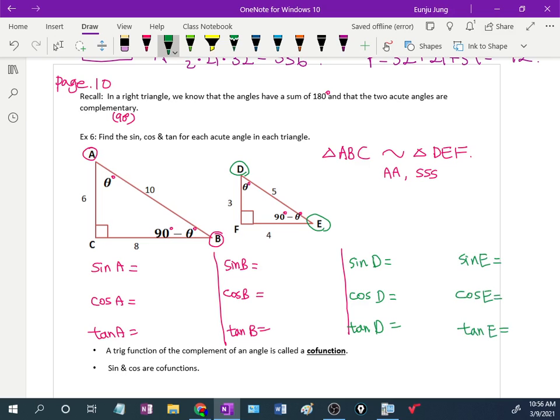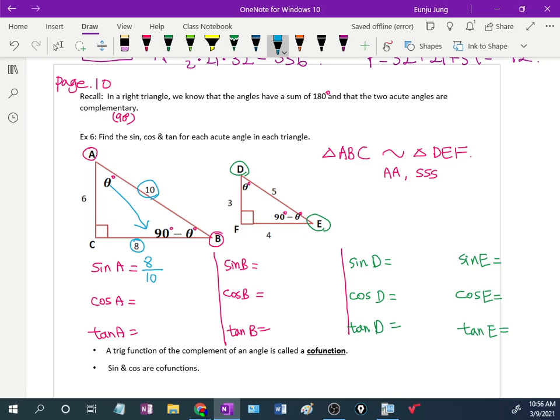So we are going to use the angle measure, okay? By switching the angle, sine and cosine will be swapped. That is what you are trying to find, as a pattern. All right, so let's see. What is sine A? Opposite side, that is 8, over the longest, 10.